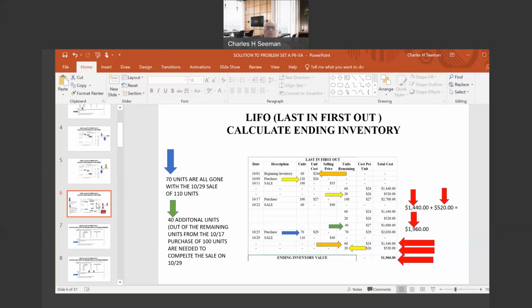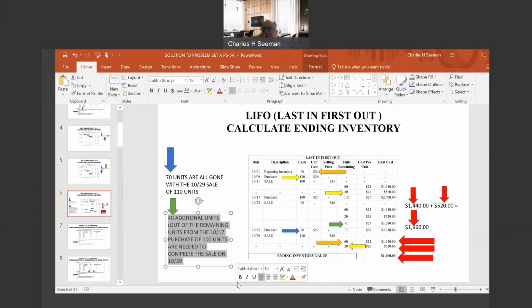So those 40 additional units are all going to come out of the remaining 10/17 purchase. And that leaves the 60 units in the beginning inventory at $24 a piece and 20 units of the 120 at $26.